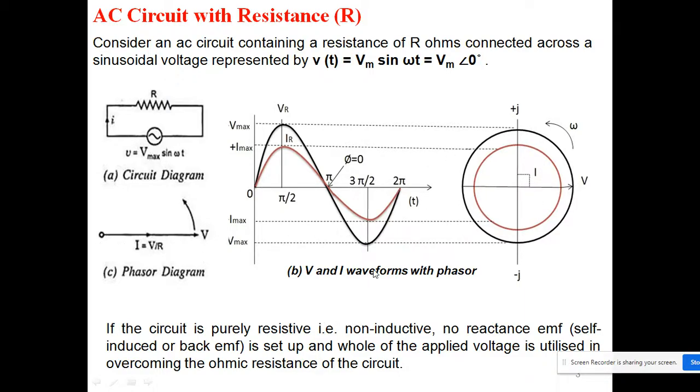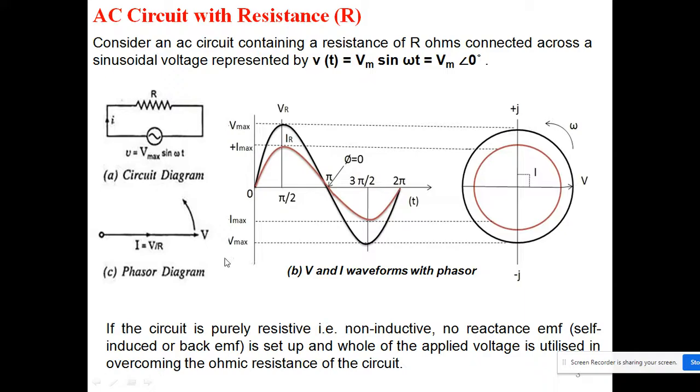In the phasor diagram you can represent it this way: if voltage is in this direction, current is in this direction. If voltage is rotating this way, current is also rotating this way. Let us suppose voltage is here, then current is also here, only the magnitude is lower by the factor 1 by R.